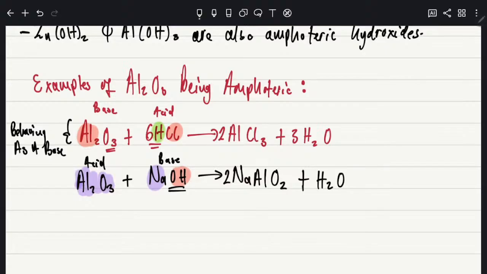And that is enough. Are we together? So here we'll need 2 of them, and we have our salt and our water. This is it behaving as an acid.